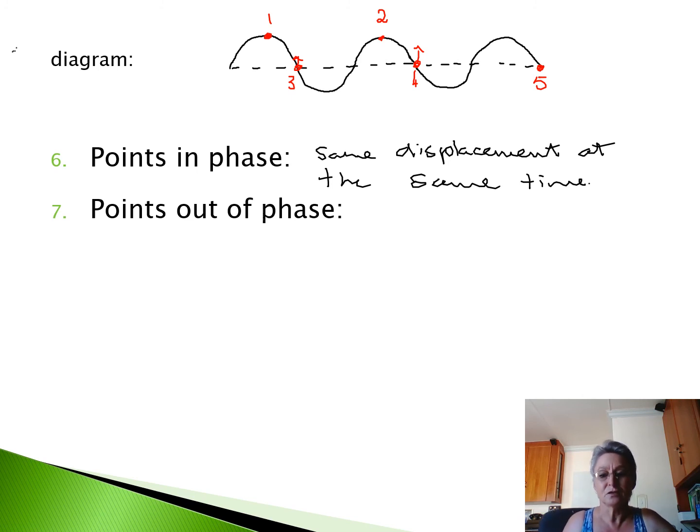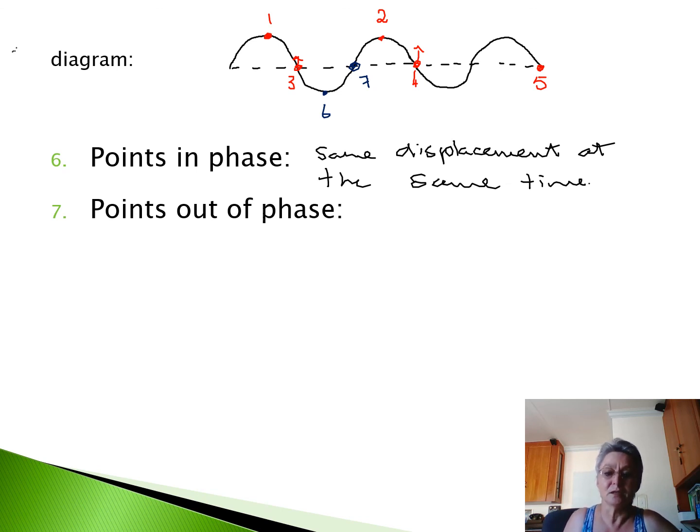Points out of phase will not be separated by a whole number of complete wavelengths. They would not have the same displacement at the same moment in time. So points 1 and 6 would be out of phase. Points 6 and 7 would be out of phase. 1 and 6 would be completely out of phase, so 100% out of phase.